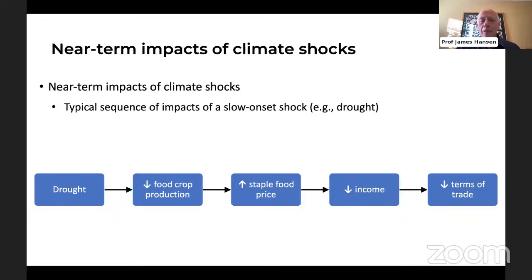So food becomes more expensive, and households on average have less money available to buy it, which further increases the food security impacts of a drought.